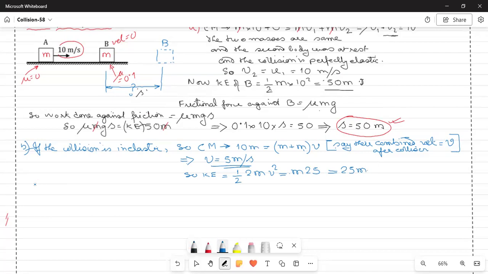Let us write the scenario after collision.